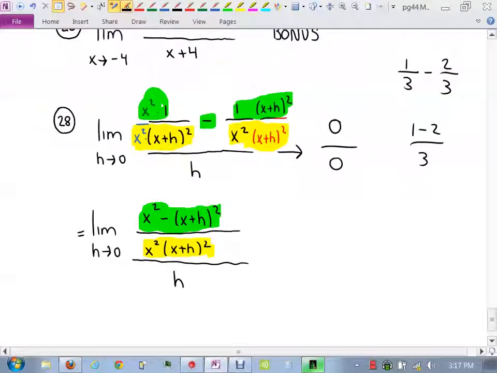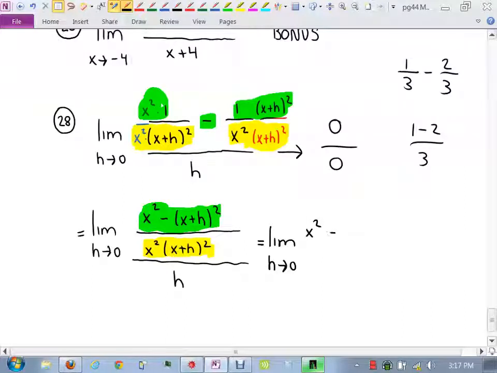What are you going to need to do now? Distribute the negative, but before you can distribute the negative, you have to do order of operations. FOIL first. Expand it out. So limit h goes to 0, x squared.